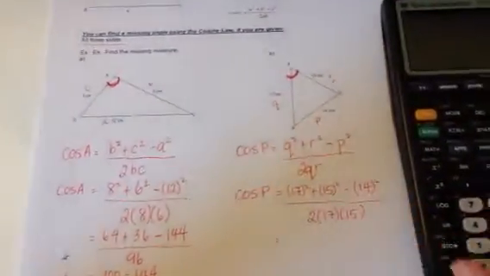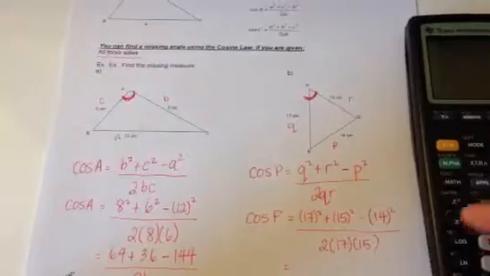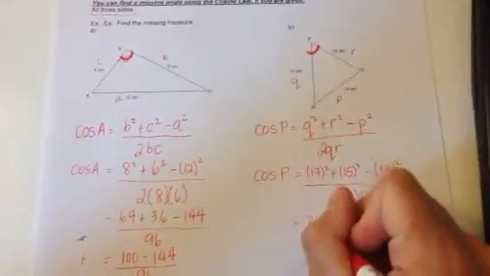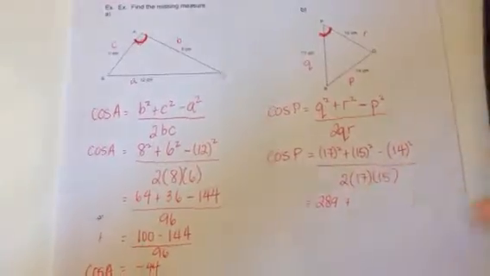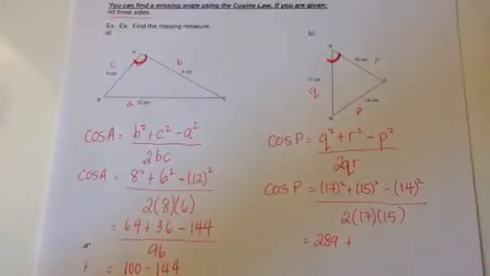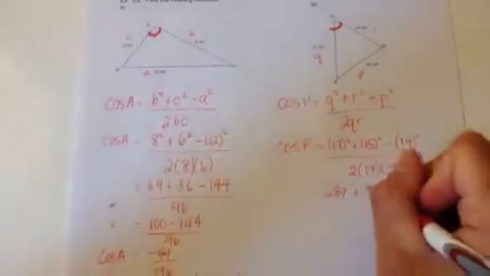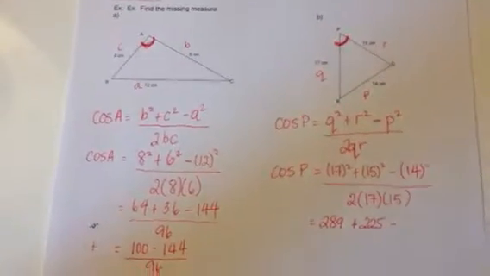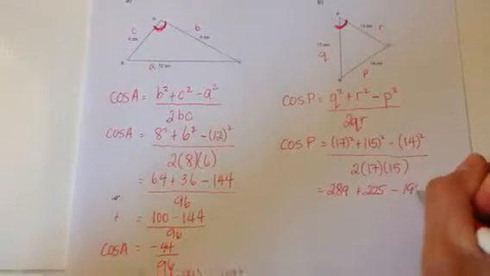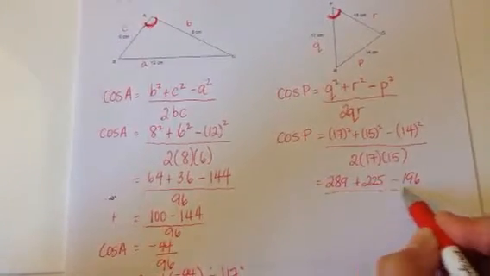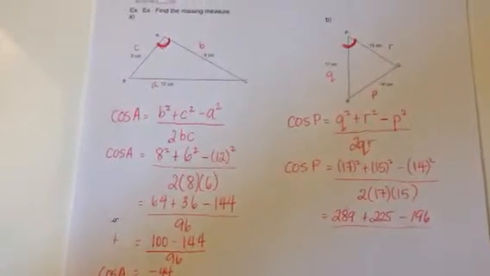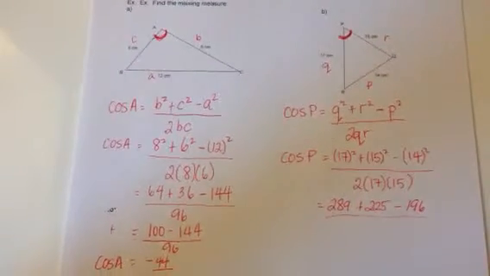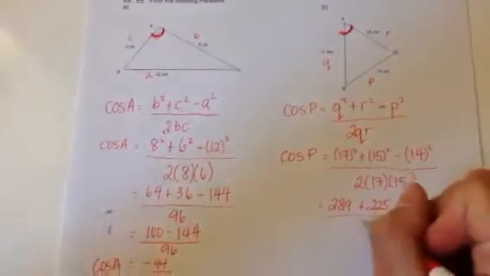Okay, so let's plug that into our calculator. 17 squared, 289. 15 squared, 225. 14 squared, 196. 2 times 15 times 17, 510.